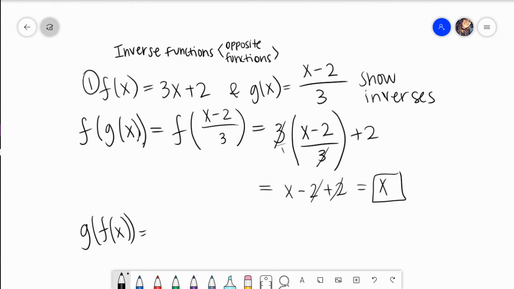So now, y'all, wherever you see an x, we're actually plugging in this, because now we're plugging in our f of x into our g of x. So in the numerator, I have 3x plus 2. Look at your g of x. I had negative 2 over 3.